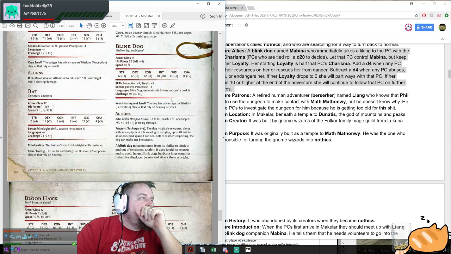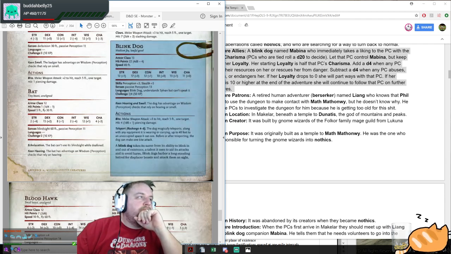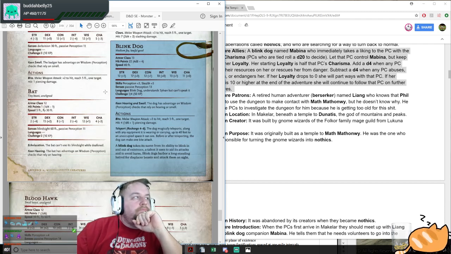So what I would suggest for new DMs is give the allies to your players to run. Put this stat block in front of them in some way, and tell them this is now a resource you can use. It has its own turn, it has its own stuff.